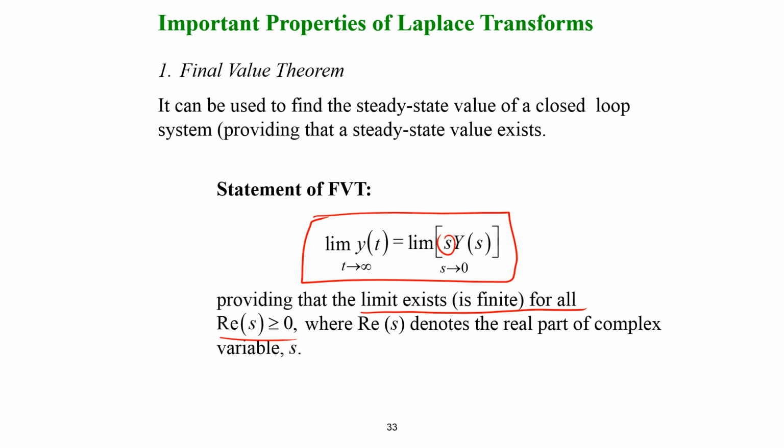Okay, so if the limit does not exist, then this final value theorem, we can't actually apply it. Okay, so it can give you a false answer. So that's just one thing to consider with this final value theorem. You got to make sure that a limit will exist first before you can find the value that it will go to.